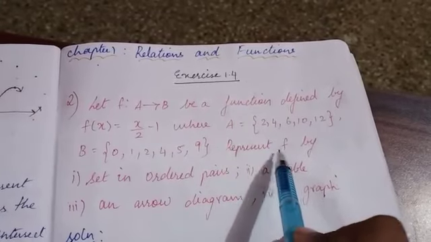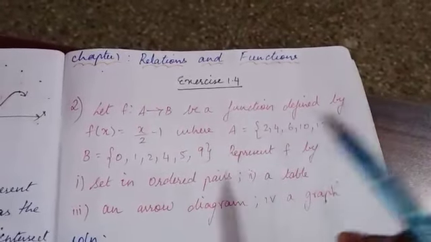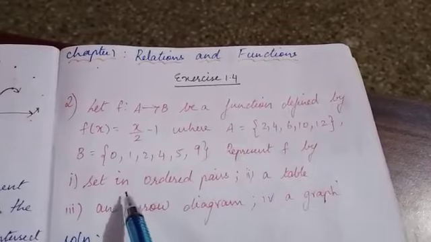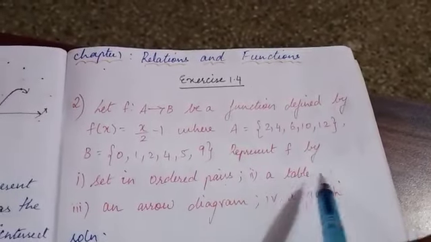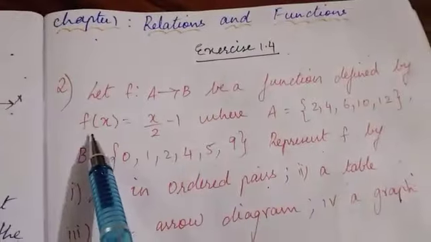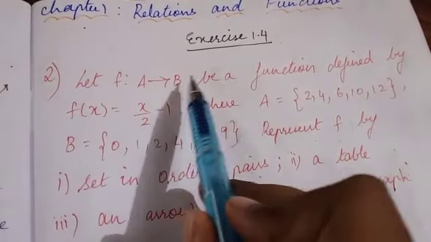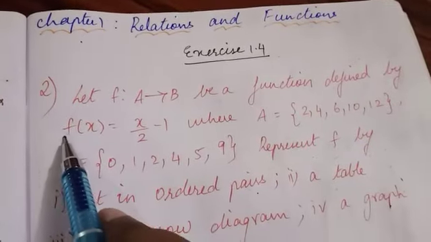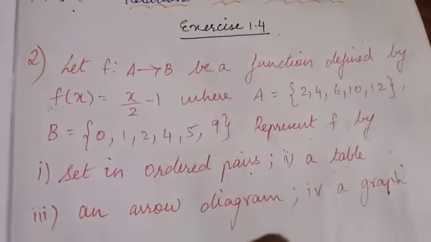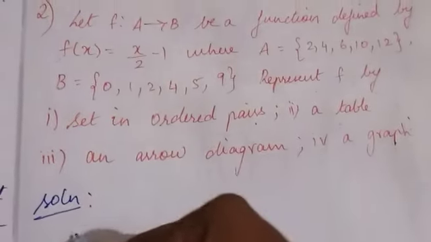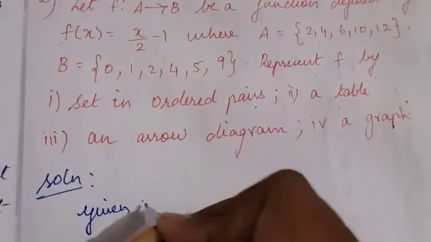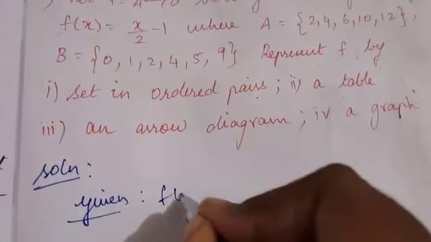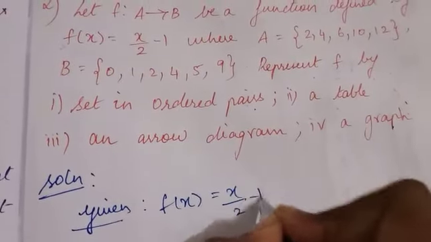So represent f. So this f is nothing but the function. So we have to represent the function as a set of ordered pairs, a table, an arrow diagram, and a graph. So what is given? f from A to B is a function defined by the equation f of x is equal to x by 2 minus 1.